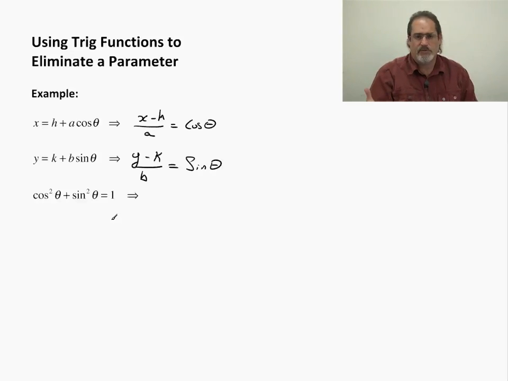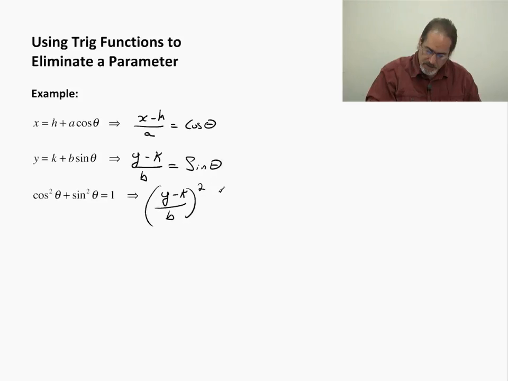Now, you recall cosine squared plus sine squared is 1. That would then imply that ((y minus k) over b) squared plus ((x minus h) over a) squared is equal to 1.